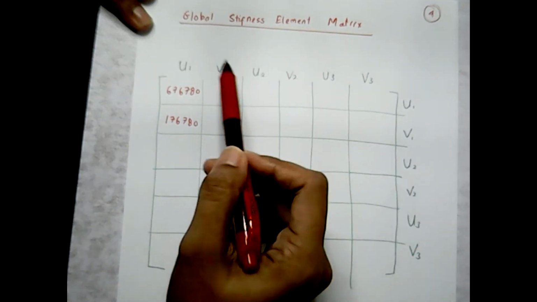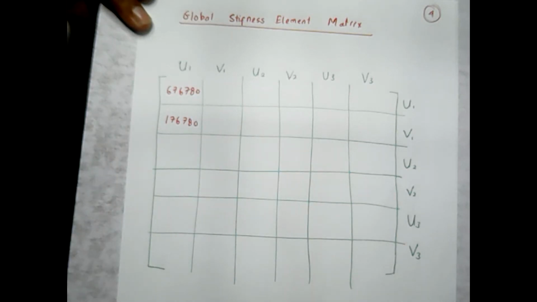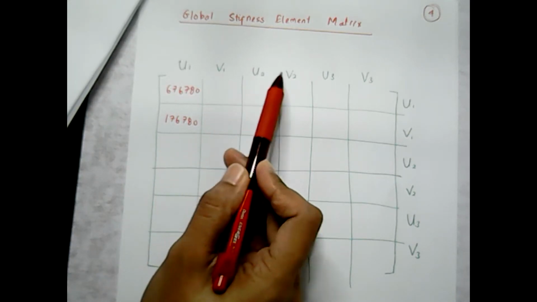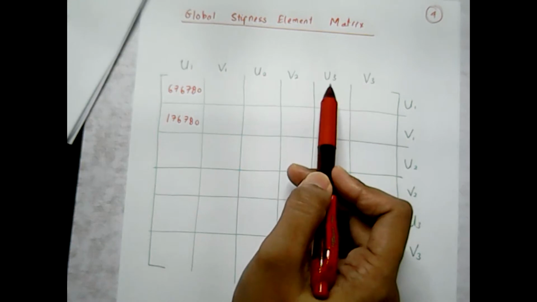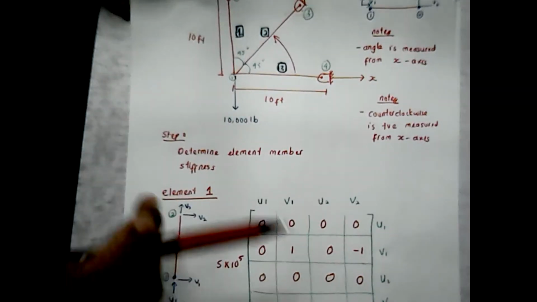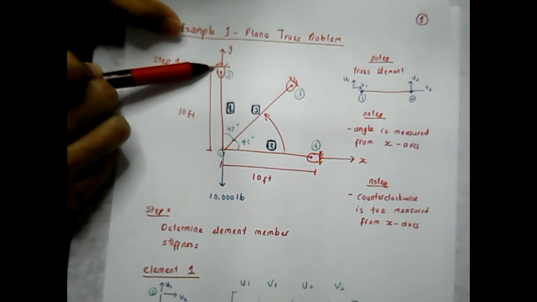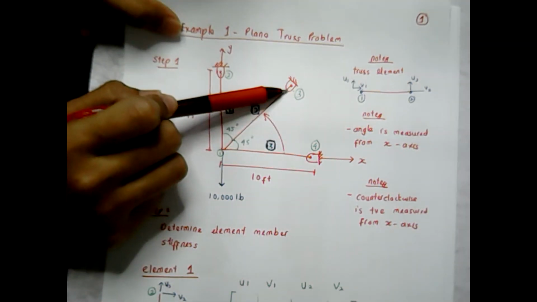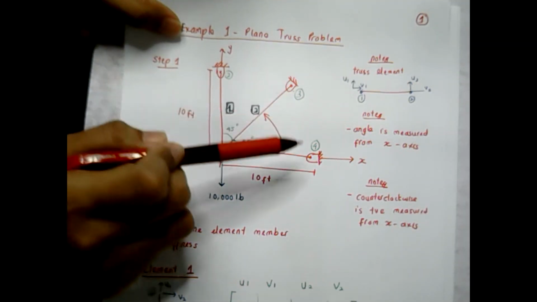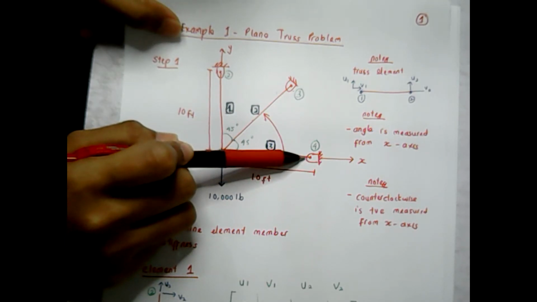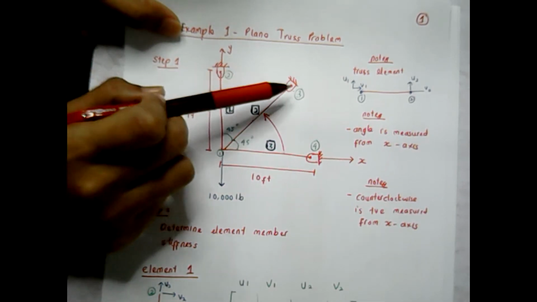To get the global stiffness matrix, you need to merge all the elements by writing here u1 v1 u2 v2, and then u3 v3, and then u4 v4. So you have 1 2 3 4.